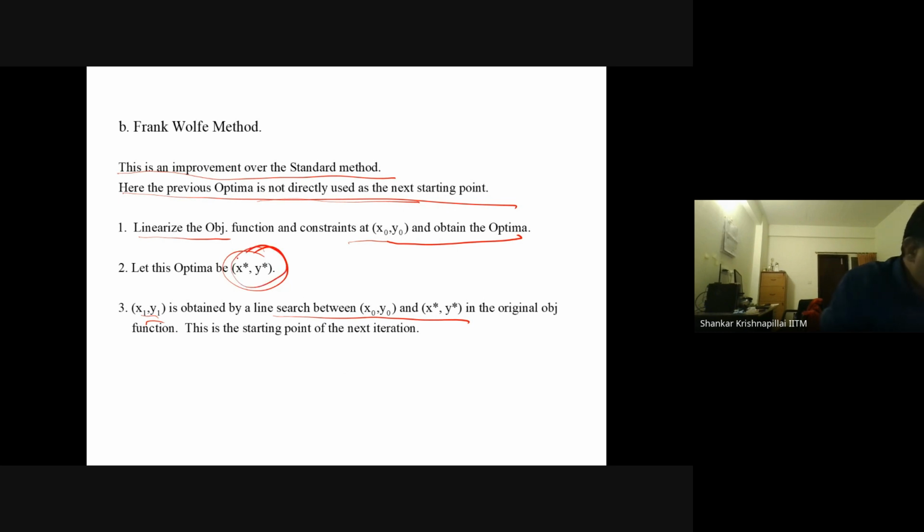x star, y star is here, x naught, y naught is there. You have to write the parametric equation of the line joining x star, y star, and x naught, y naught, and you have to find h star.